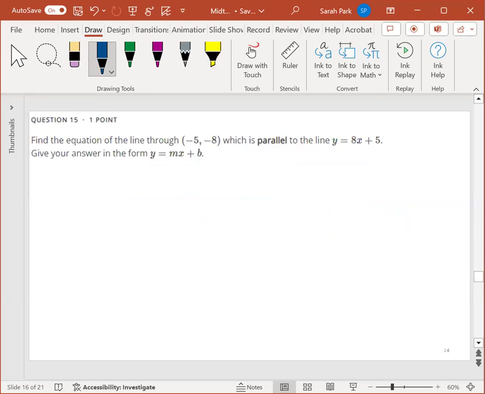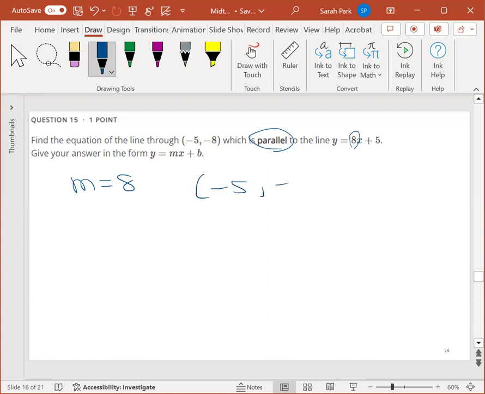Now find the equation of the line through (-5, -8) which is parallel to the line y equals 8x plus 5. Give your answer in the form y equals mx plus b. Okay, so if it's parallel, we know our slope is going to be the same, which is 8.